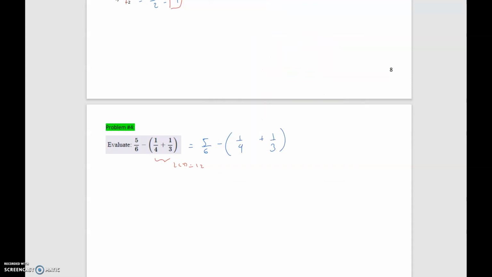And we're going to place the LCD. So in order to get a 12, you have to multiply the first fraction times 3 and times 3, then times 4 and times 4. And this is going to be equivalent to 5 sixths minus 3 twelfths plus 4 twelfths.